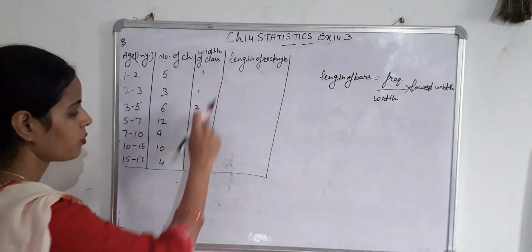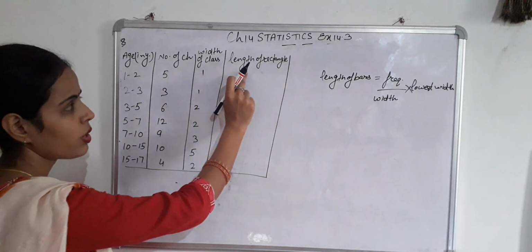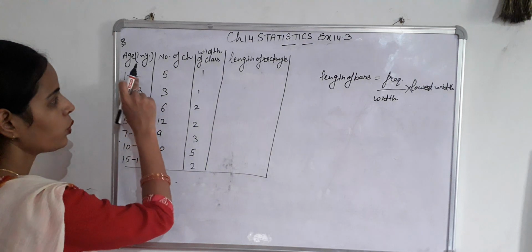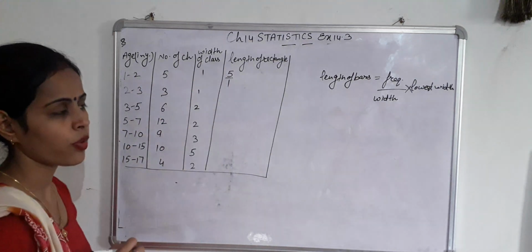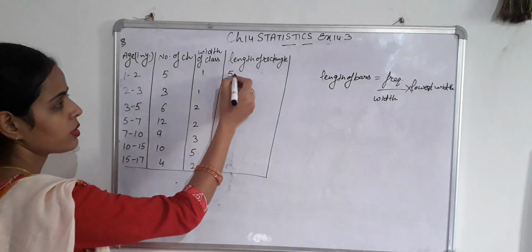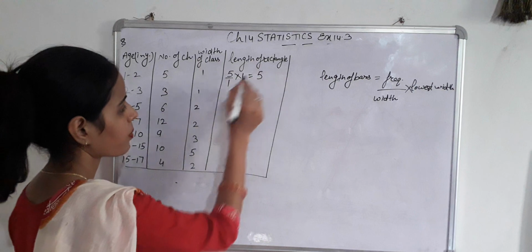Here the lowest width is 1. Find the length of the rectangular bar for the interval 1 to 2. Frequency is 5, width is 1, lowest width is also 1, so it equals 5.